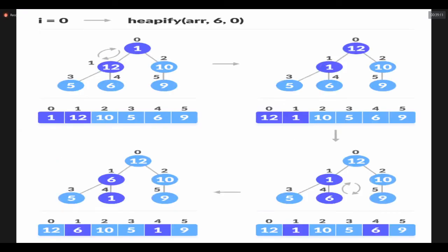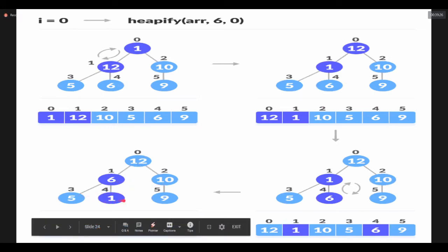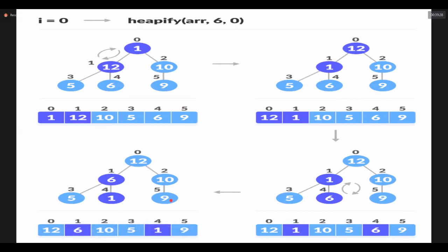Now we have the tree 12, 6, 10, 5, 1, 9. After heapify of all nodes up to the root, we got the values 12, 6, 10, 5, 1, 9. Is this the sorted order? No, this is not a sorted order.